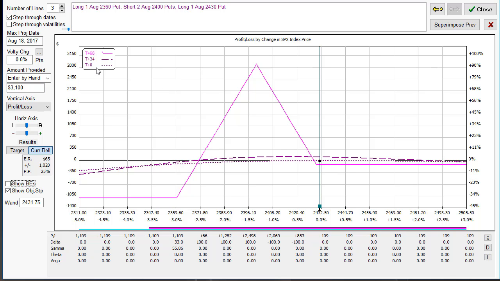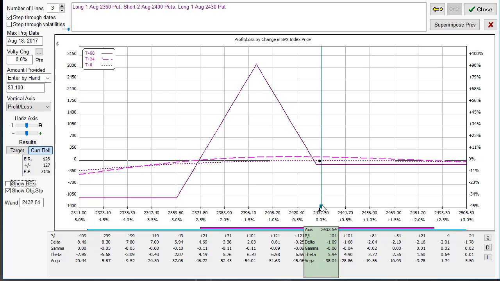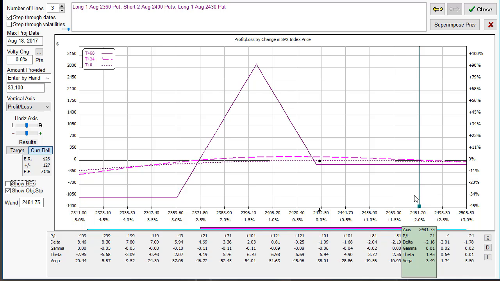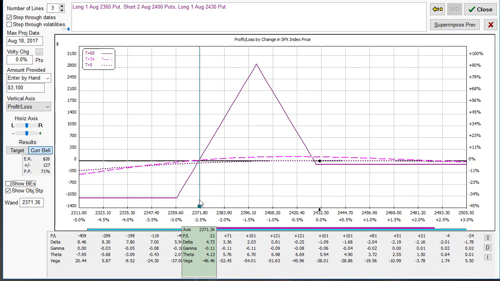And in the process, if we say, all right, if I'm going to risk $1,100, that's my true maximum risk on this trade, and in the process I'd like to make $100, well, you can easily see that if we stay within this range from 2480 to 2380, so almost a 100-point range over the next 34 days, you'll have no trouble hitting that target profit.